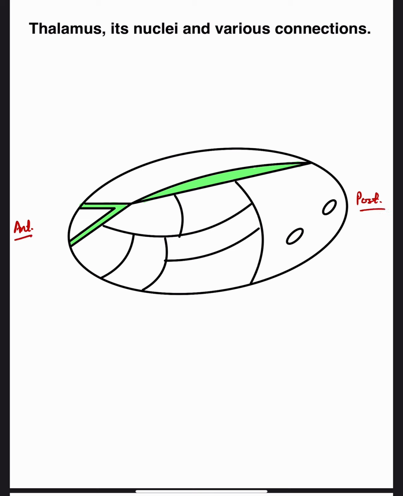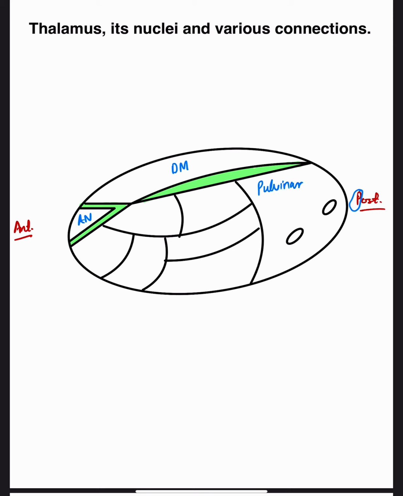Since it is anterior, the portion between the angled Y portion is known as the anterior nucleus. And since this is the medial portion, we can call it the dorsomedial nucleus. And since it is the posterior part, you can remember it as P, pulvinar.